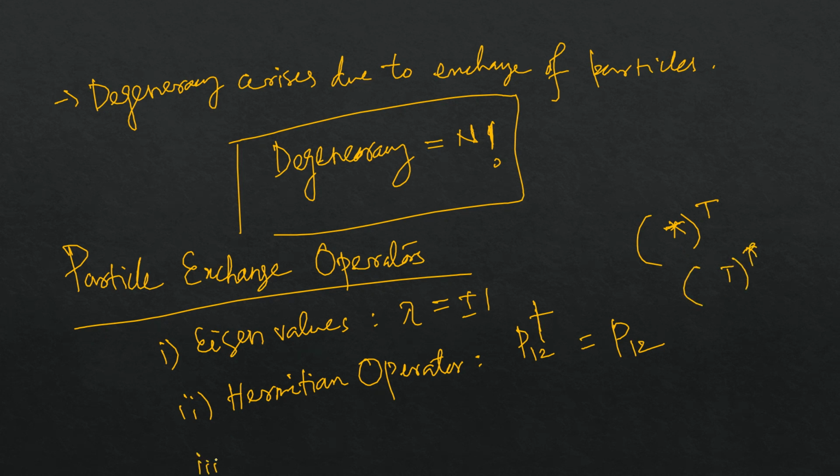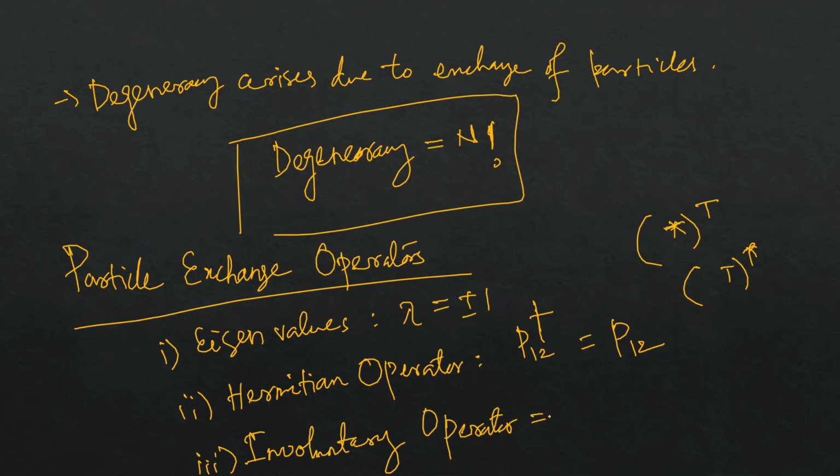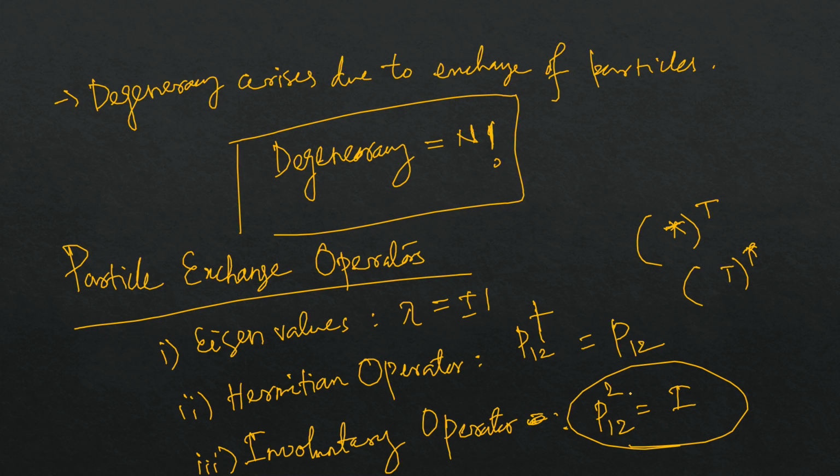Then involutory operator. What is it? If P12 squared is equal to I, that is an involutory operator. I is the unit matrix actually, but you can remember it this way.